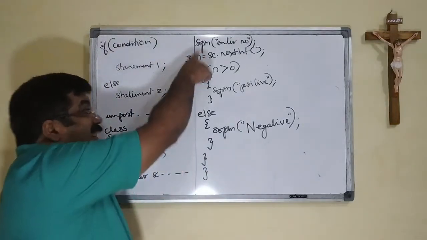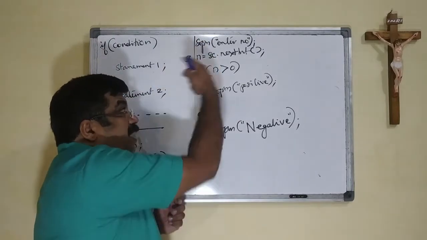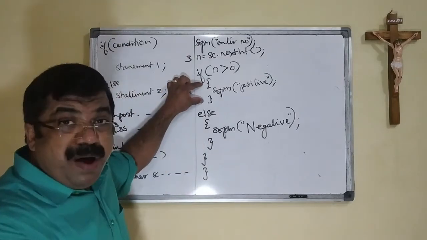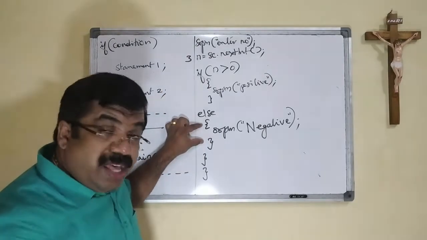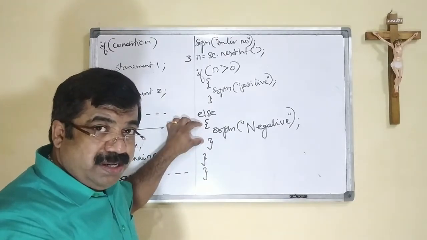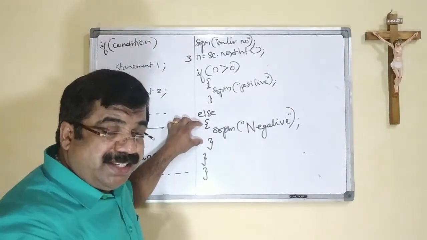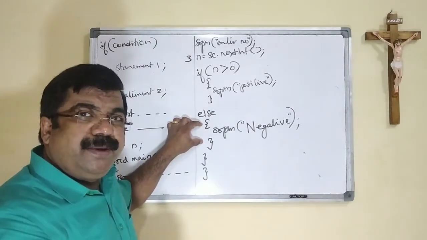Out of these entire statements, depending upon the value of n, either this part or the else part is executed. I hope it is clear. This is why we call it a selection statement.